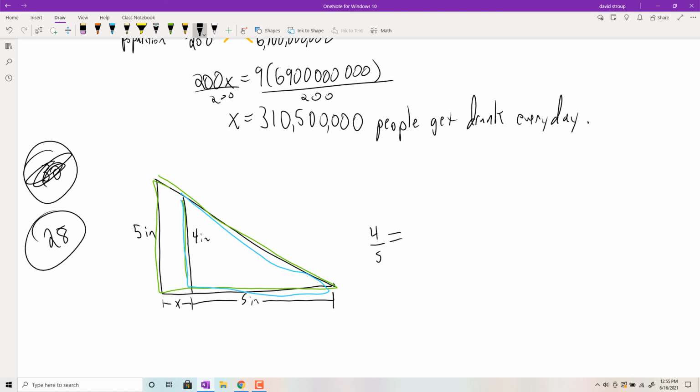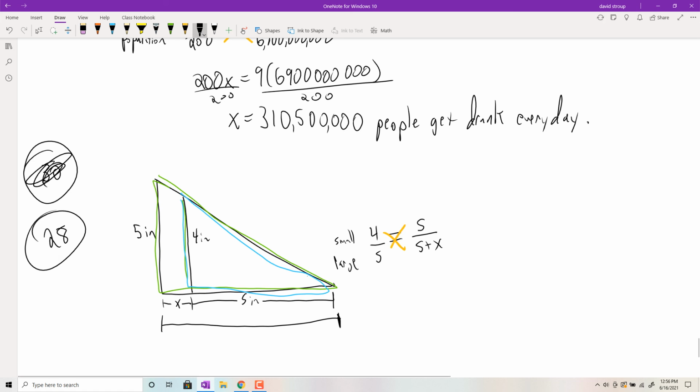The small triangle has a base of 5, so you have to make sure you get small triangle information in the numerators and large triangle information in the denominators, or vice versa, as long as they horizontally line up, like when you look out at the horizon. The long base is not just x, it's 5 plus x, and then you can cross multiply and solve for x.